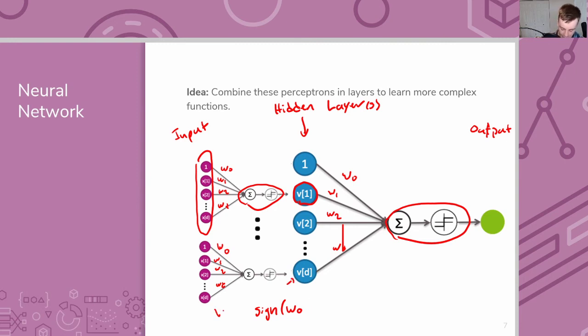So maybe we'll say the output from neuron D will be the coefficient W0 for the Dth neuron plus the sum over all i's from 1 to D of Wi for the Dth neuron, and then x of I. That gives us a number, a score that we can output, and then we use that score as input for the next thing.